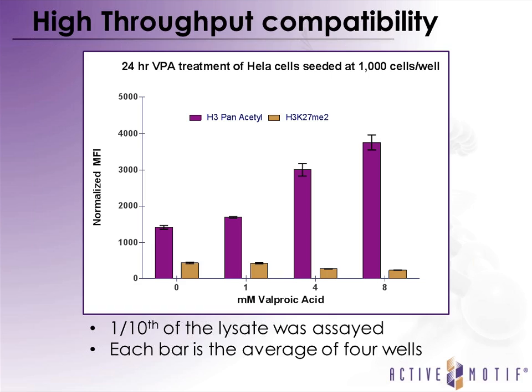The cells were then lysed in the cell culture wells, and 1/10 of the lysate was transferred directly to the assay wells for the multiplex analysis. We see the expected increase in signal of acetylation with the pan-acetyl bead, and we see that same modest decrease in lysine 27 dimethylation as we showed in the previous data set.